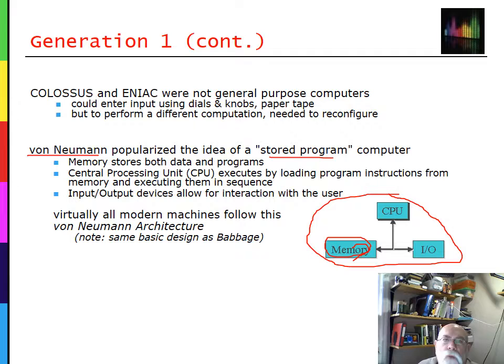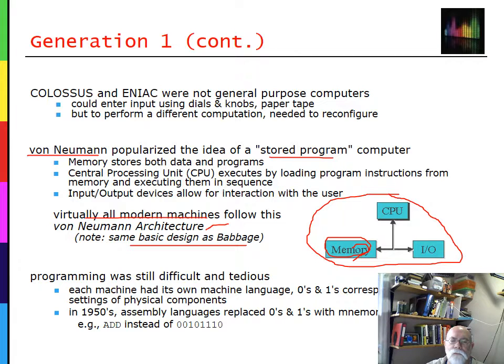All that's going away to being thumb drives, and that's why laptops can become even thinner than they are as we move to that. Almost all modern computers follow the von Neumann architecture, which is based on the design of Babbage from 1850. So it's amazing Babbage was so far ahead of his time.